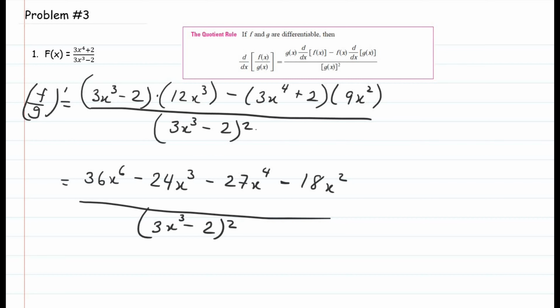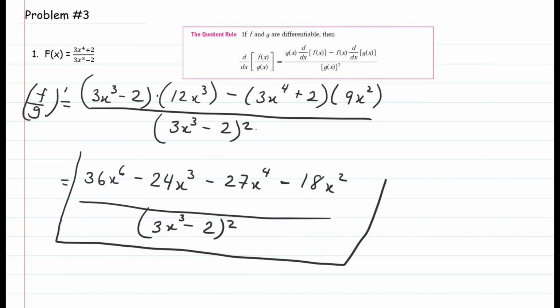So we can simplify this even further, but that's just basic arithmetic. I'll just leave it like that. So here's your solution for the third problem.